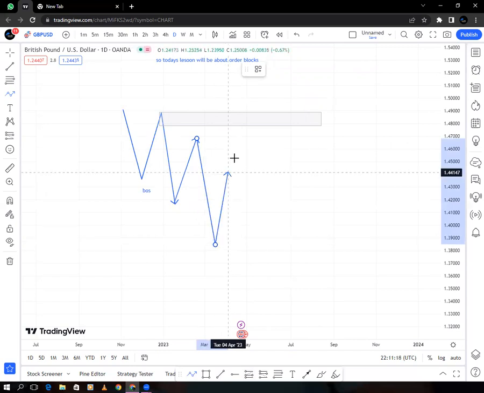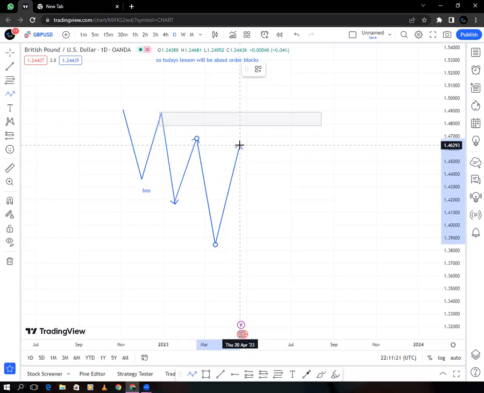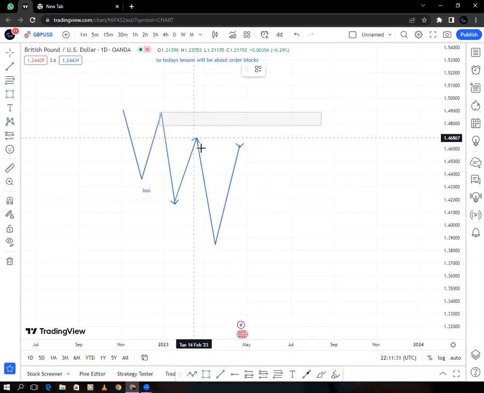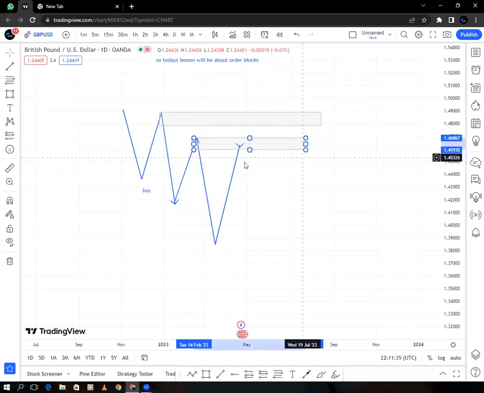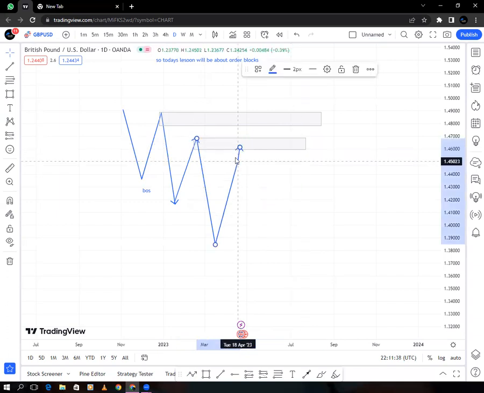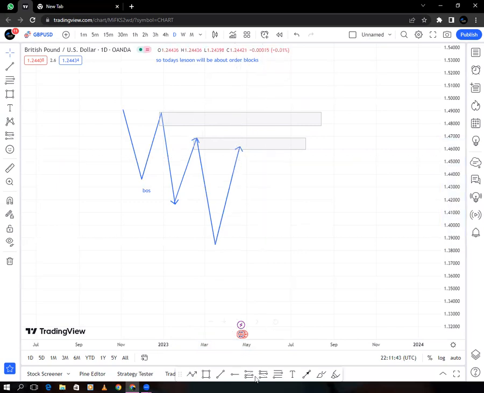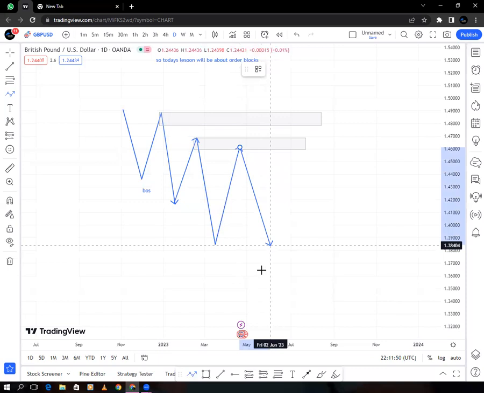Then we came back somewhere around here at this order block, mitigated, and created a new high.